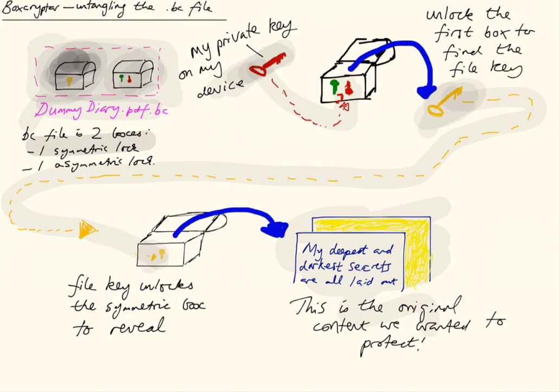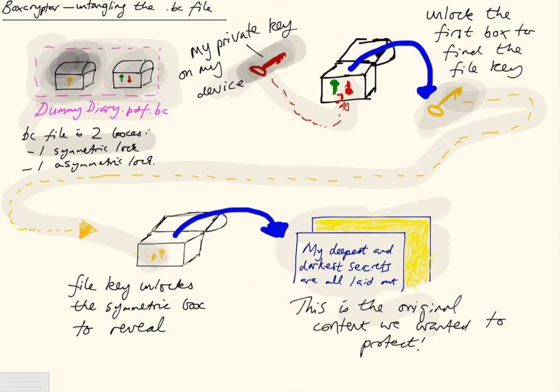Okay, so how do we actually unlock this file, or how does Boxcryptor unlock it? Well, it all starts with the private key. We've mentioned many times already, the private key is the thing that we're going to use to unlock our files.